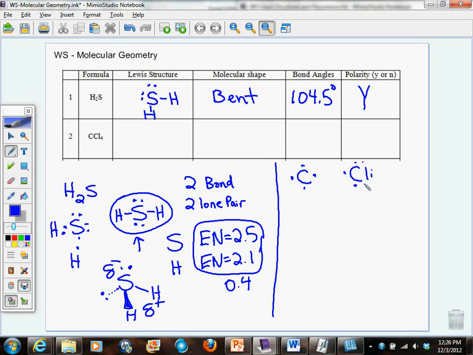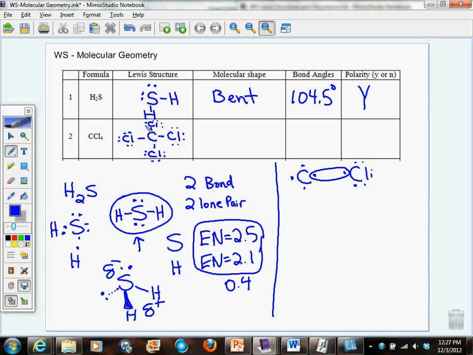So it turns out each chlorine will donate an electron, each carbon will also donate an electron to form a bond, and in the Lewis structure for this one, we'll have the carbon in the middle, we'll have the chlorines with their electrons around them. Remember with Lewis structures, you always draw those and fit the electrons in there. So that is carbon tetrachloride.